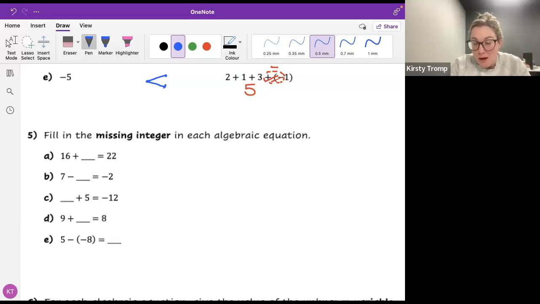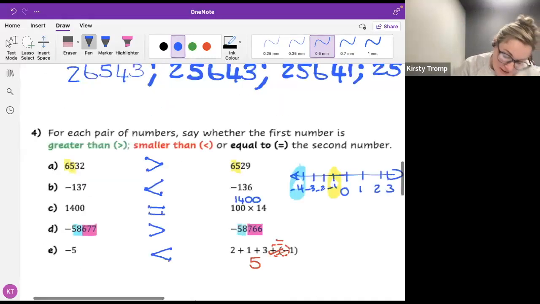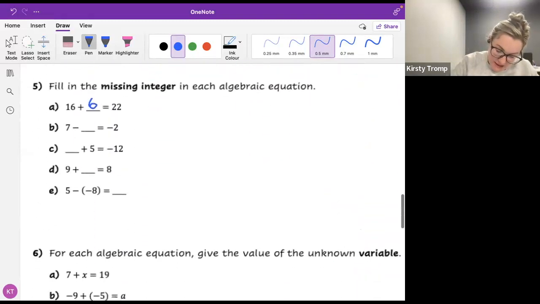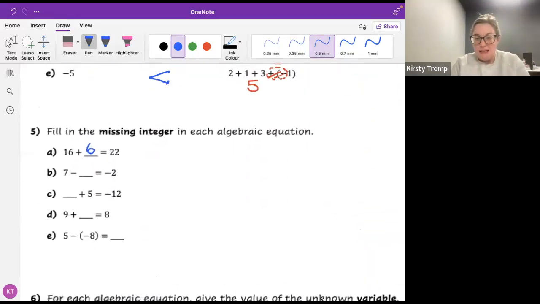It's going to be 16 plus 6. 16 plus 6 gives me 22. Okay, I'm going to give you a few minutes to do the next ones.